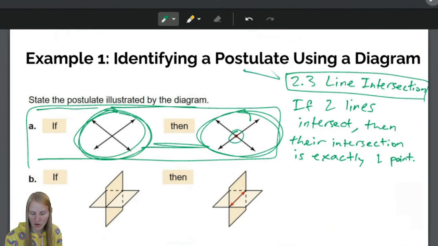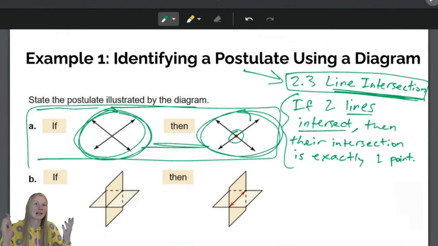I don't care if you memorize the names of these postulates. You can figure out the name of the postulate if you remember what the postulate says. If two lines intersect, then their intersection is exactly 1 point. Lines intersect, line intersection postulate. So I care that you remember what the postulate says. I don't care that you can recite their names.